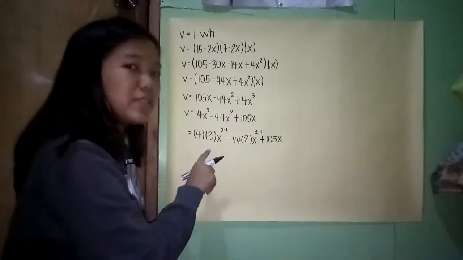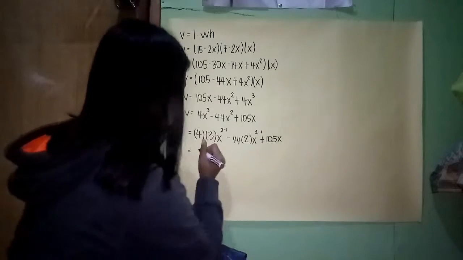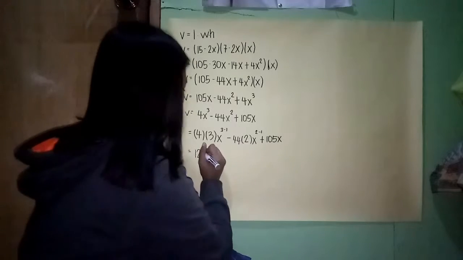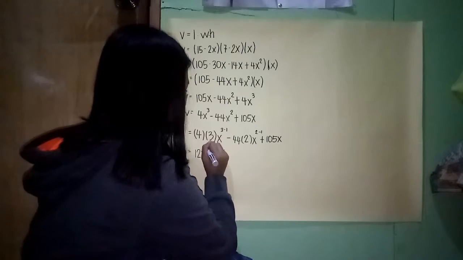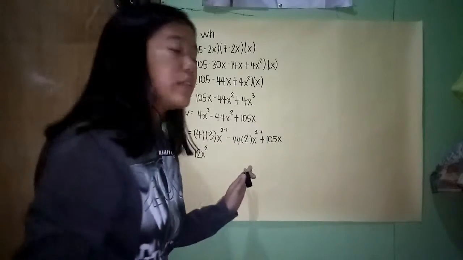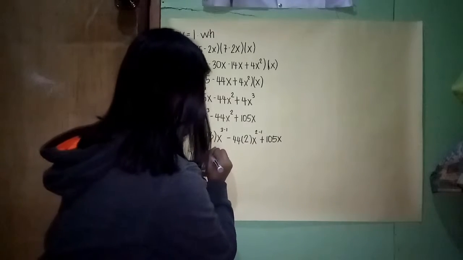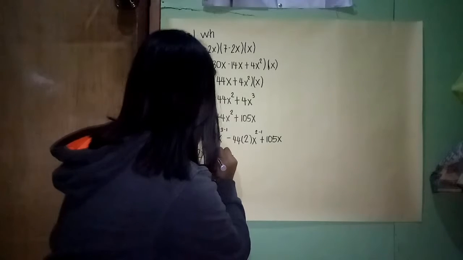So 4 times 3 is 12x squared. Negative 44 times 2 is negative 88x.